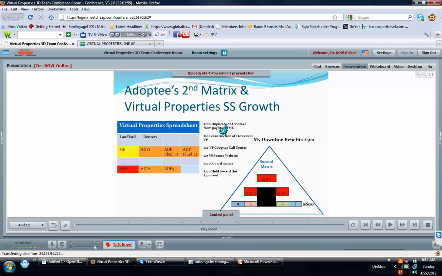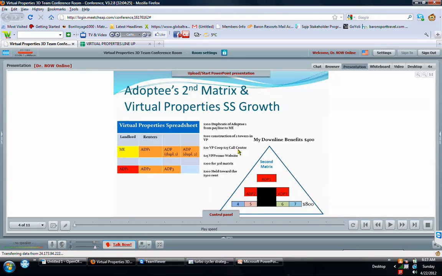So the first $200 will be another duplicate of adoptee number 1 from Payline to you. $100 will go to a construction of 2 towers in the virtual property, because there is a $50 construction for the $50 tower and a $50 construction for the $250 tower. There's going to be a $20 fee for the co-op for leads and $25 for the call center.